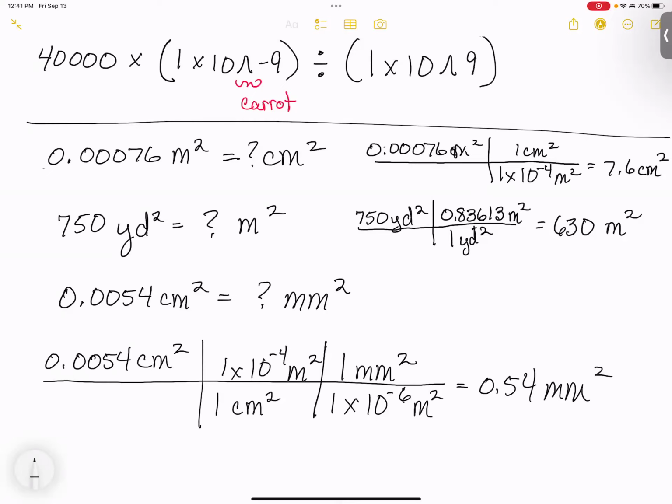One of them is going to be a single conversion. One of them is going to be a double conversion. And one of them is going to require you to do a squared or a cube. You will have one problem where you'll be using the English to metric conversion. That's what I can guarantee as of right now.